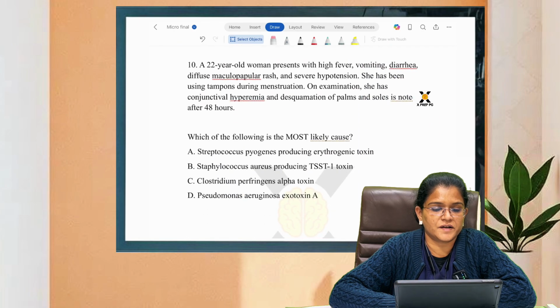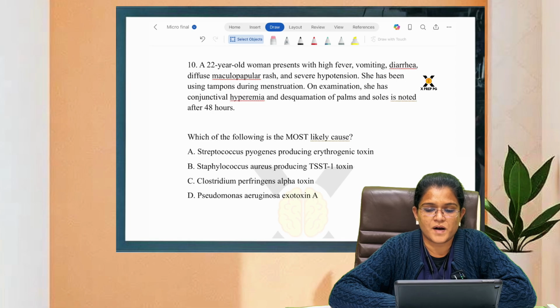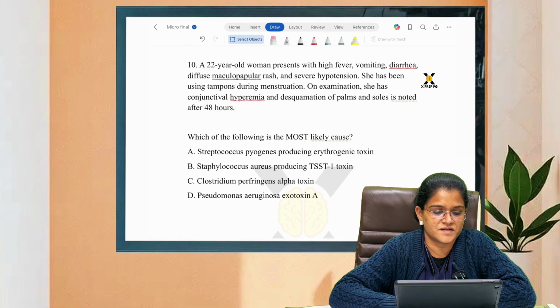Question number 10. A 22-year-old woman presents with high-grade fever, vomiting, diarrhea, diffuse maculopapular rash and severe hypotension. She has been using tampons during menstruation. On examination, she has conjunctival hyperemia and desquamation of palms and soles is noted after 48 hours. Which of the following is the most likely cause?